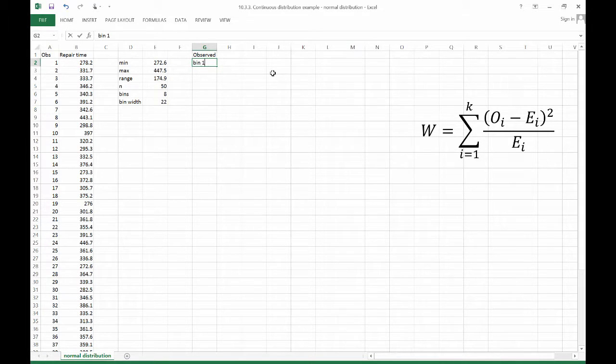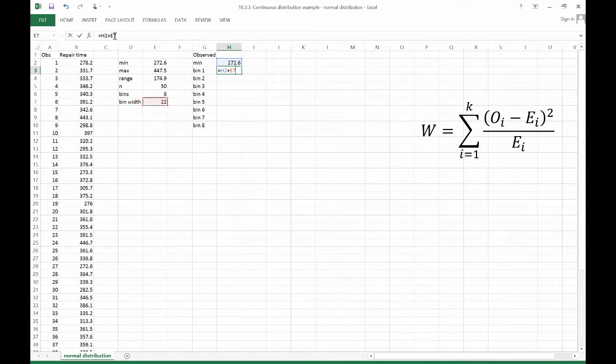Okay. So now let's find what the observed values in each one of these bins, each one of these classes, are going to be. So here's bin 1. Here's bin 2, and so on, all the way to bin 8. And actually what we want to do is also include the min value. So what's the min value? It is 272.6. And to that value we're going to add our bin width of 22.